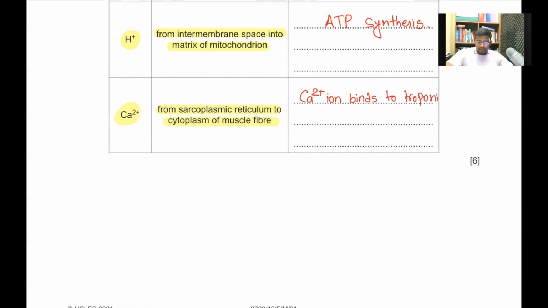And as it binds to troponin, as a result, tropomyosin moves and the sarcomere contracts.